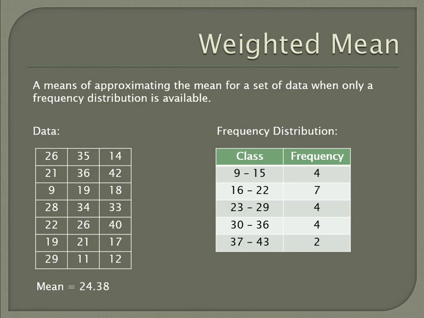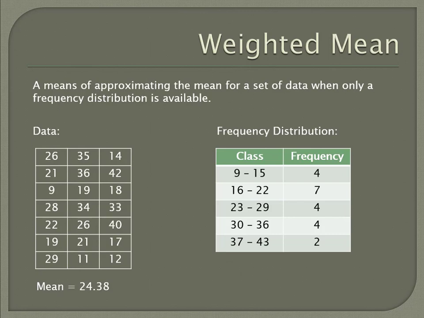And for a frequency distribution for that data set, I decided to use 5 classes. Using the maximum and the minimum data entry, I calculated the class width of 5 classes, created my classes, and put everything in as a frequency distribution. So the actual mean is 24.38.